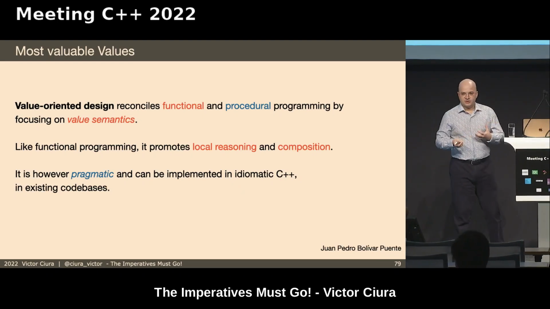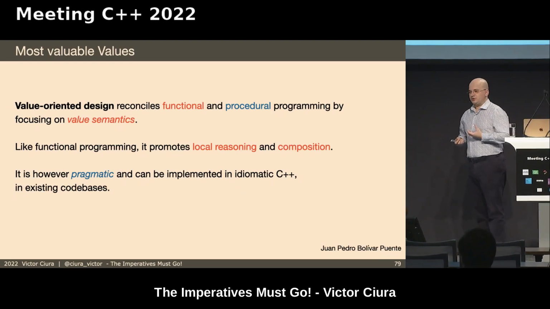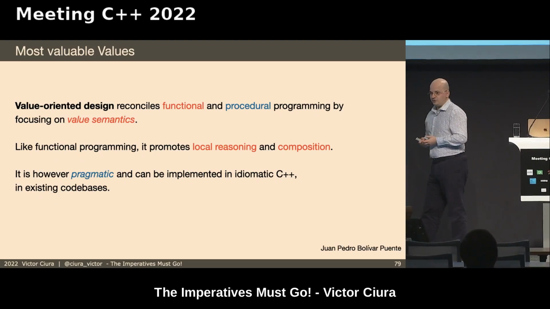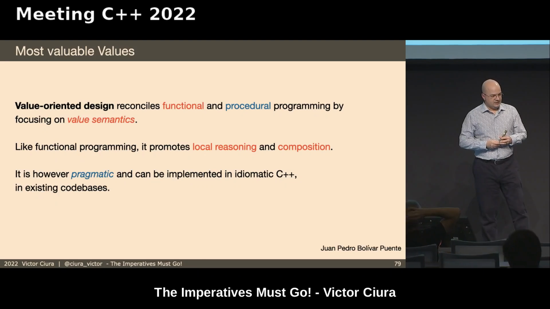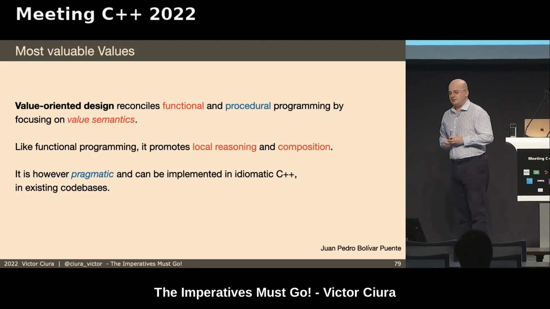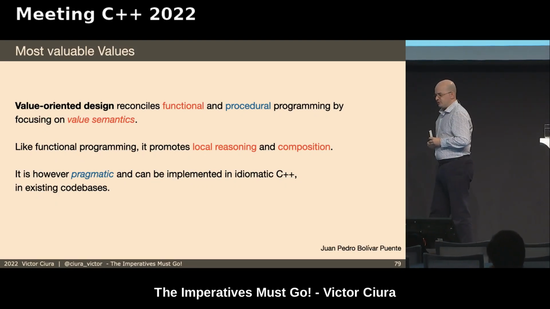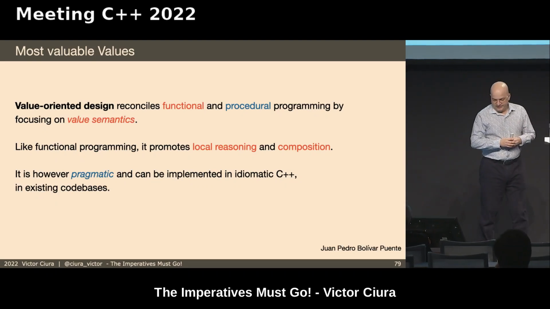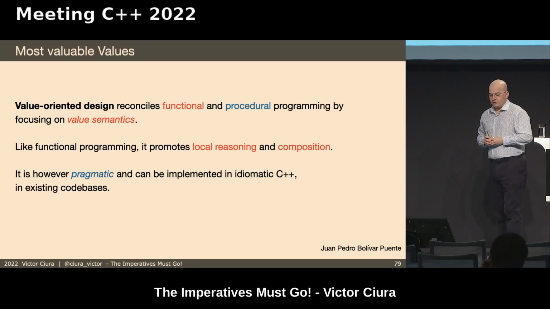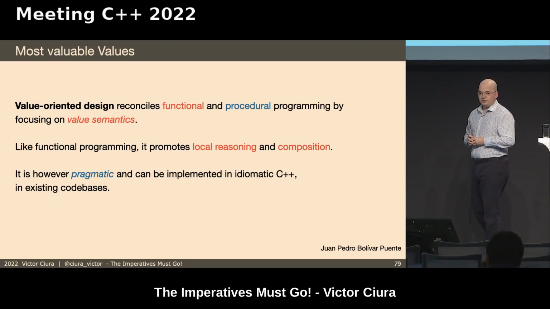C++ is very much a value-friendly programming language, but we have to learn to take advantage of this and distance ourselves, if possible, from 2000-style programming of using shared pointers and object-oriented class hierarchies. So, like functional programming, it promotes local reasoning and composition.